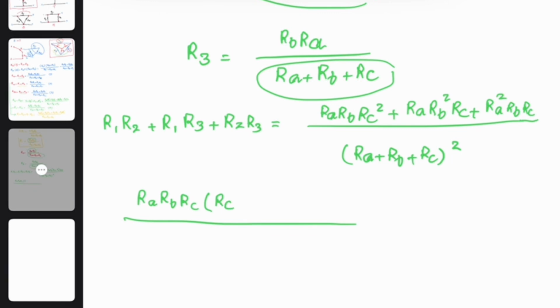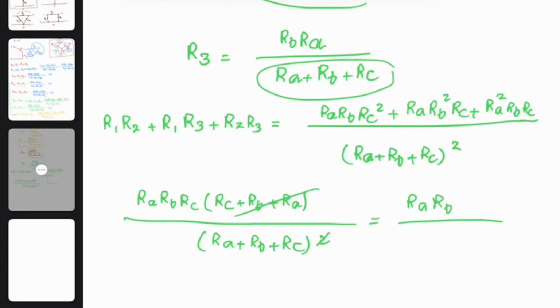Rc is left in the first one, in the second one Rb, and in the third one Ra is left. And I have (Ra plus Rb plus Rc) squared. This is cancelled with this one, so therefore I get Ra Rb Rc over Ra plus Rb plus Rc.